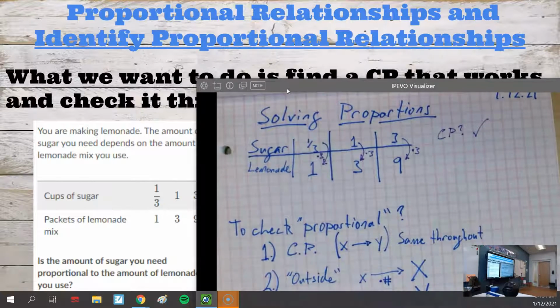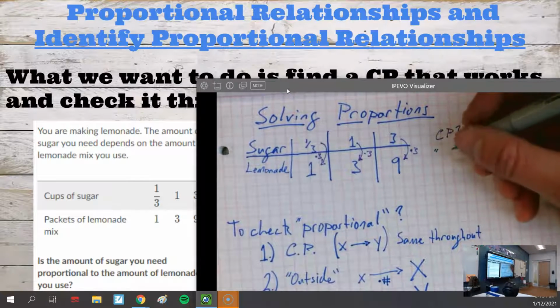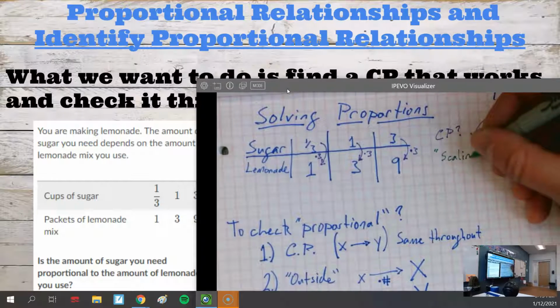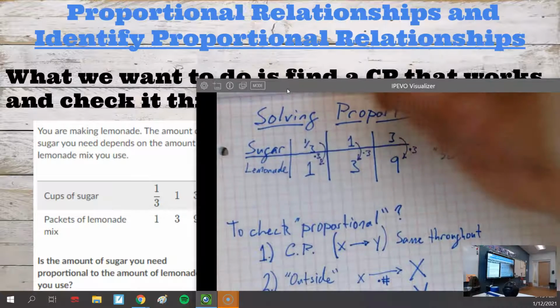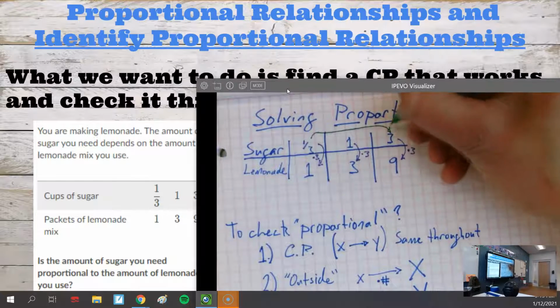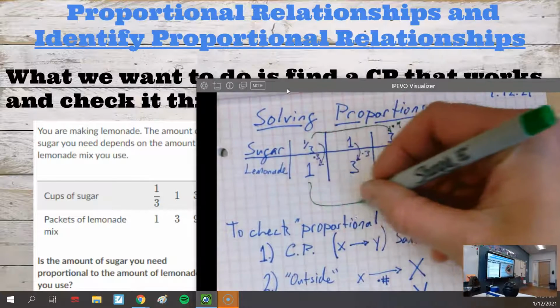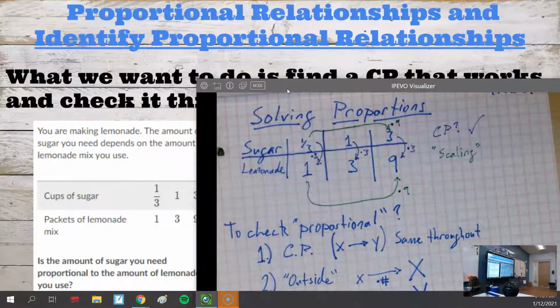Then, let's check our outside multiplication, which is actually what we're checking here: the scaling of if I scale x up or if I scale y up. So this multiplication out here is actually times 9, and that is the same on bottom, times 9.